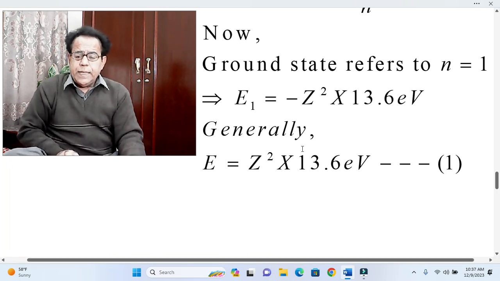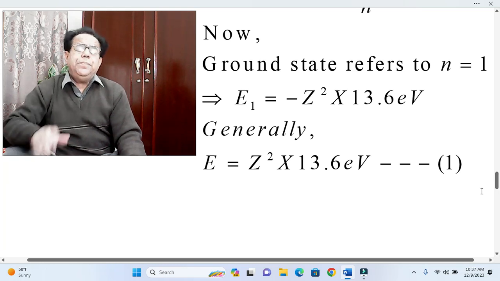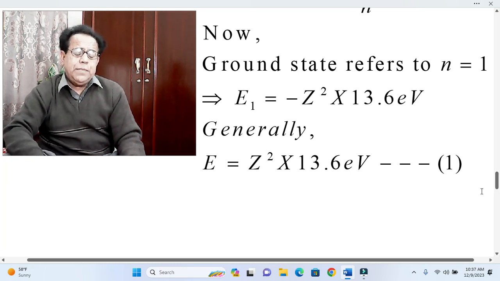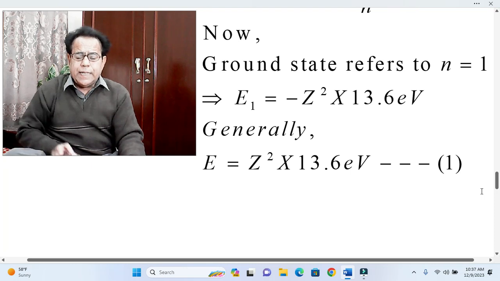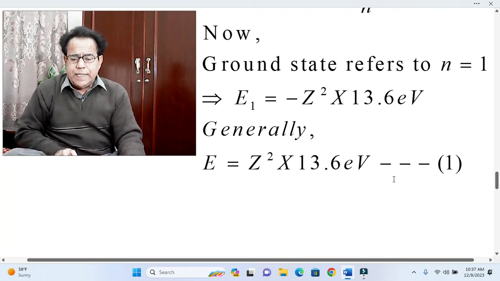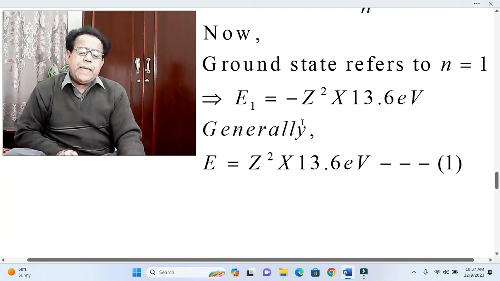Dear students, this point is still not very clear in my mind, but it is clear that because the answer is positive, we cannot take negative sign, because energy is always positive.